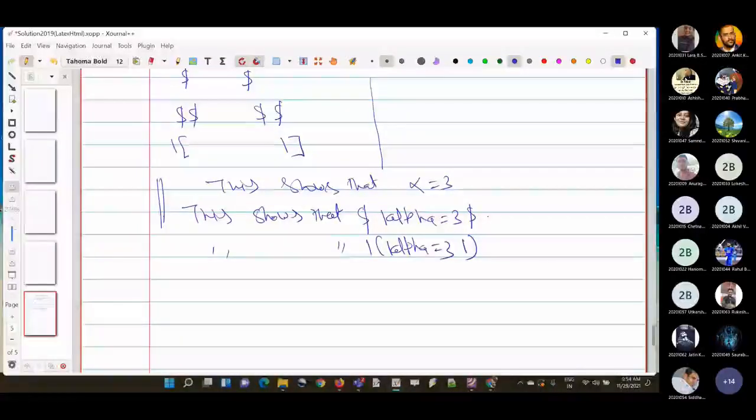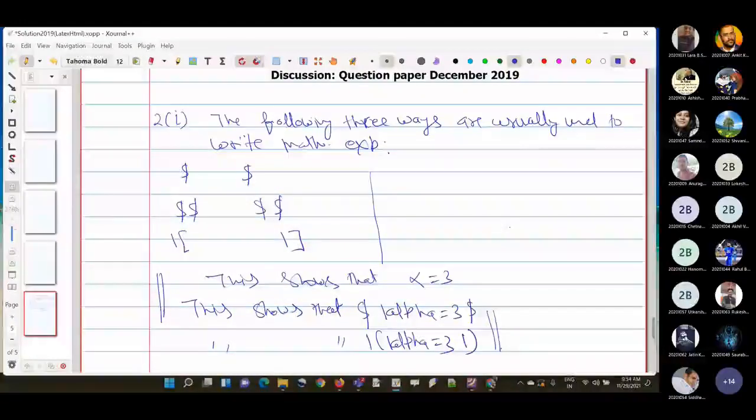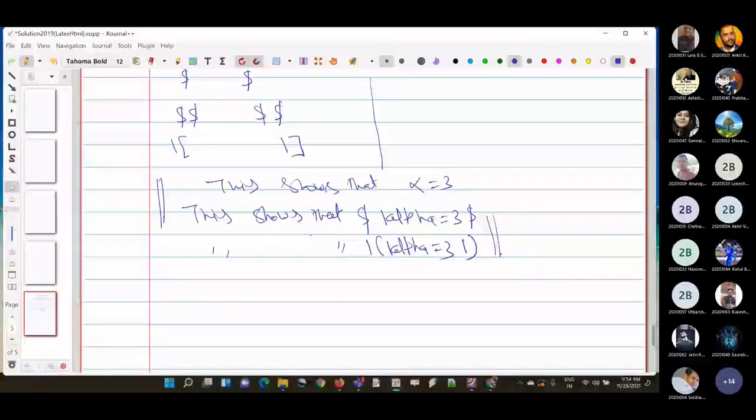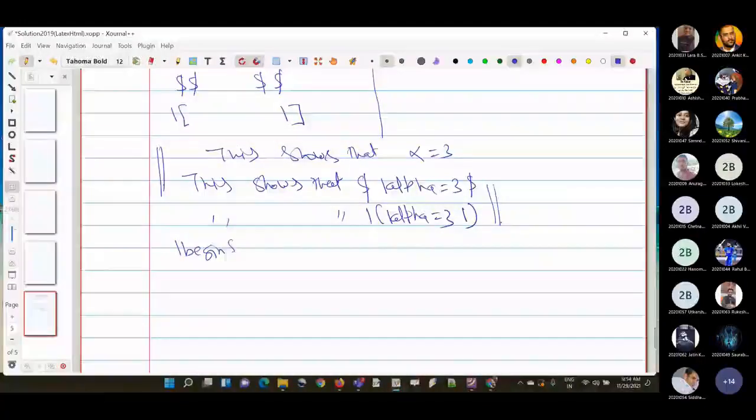Okay, and for writing equation, if you are writing begin equation, end equation, that is also another thing. Fine. Begin math, end math. Also you can write like this: backslash begin math and backslash end math. Okay.